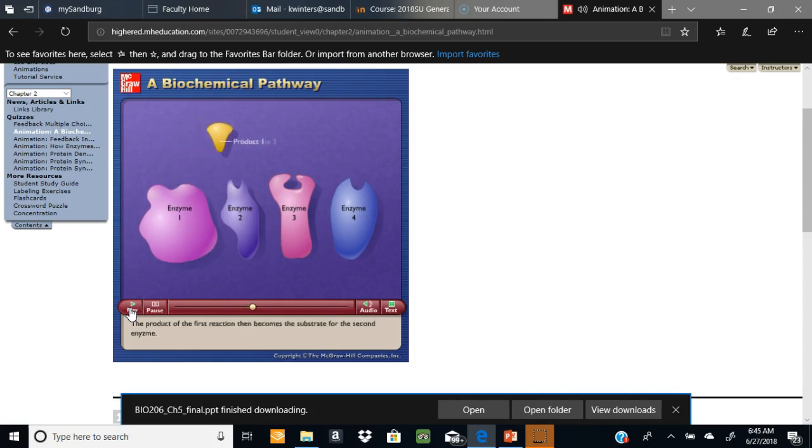In such pathways, a substrate is converted into a product by the first enzyme in the pathway, and the product of the first reaction then becomes the substrate for the next reaction. The product of the first reaction then becomes the substrate for the second enzyme. The sequence of reactions continues until the final product is made.